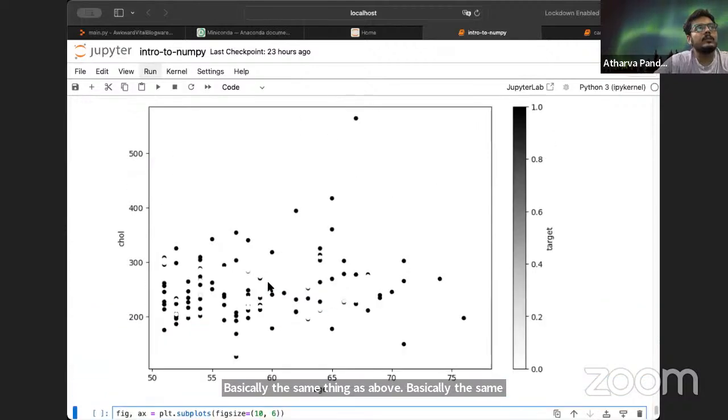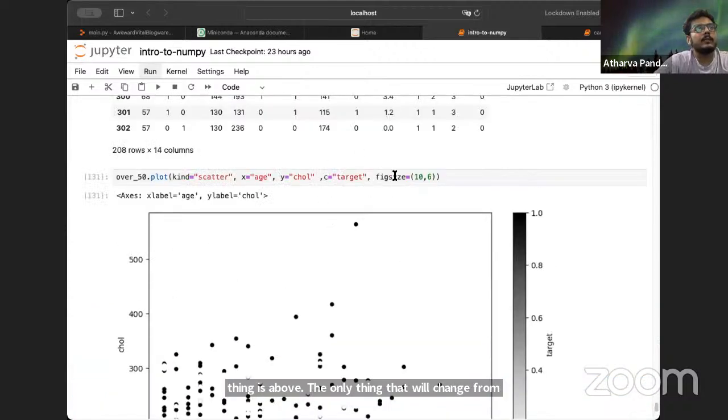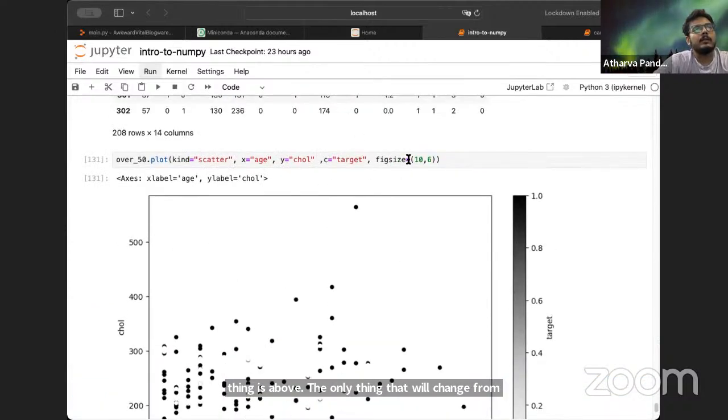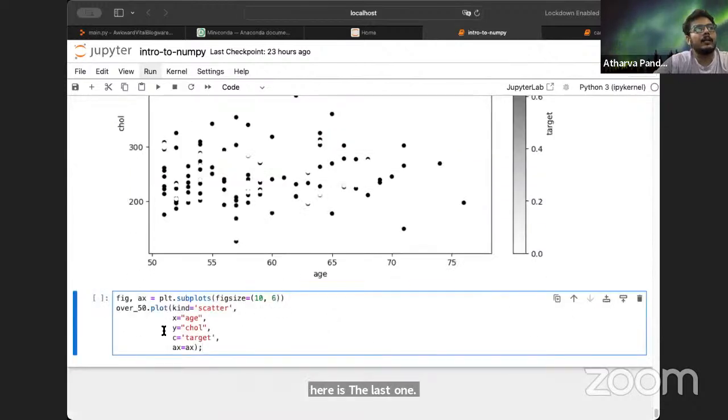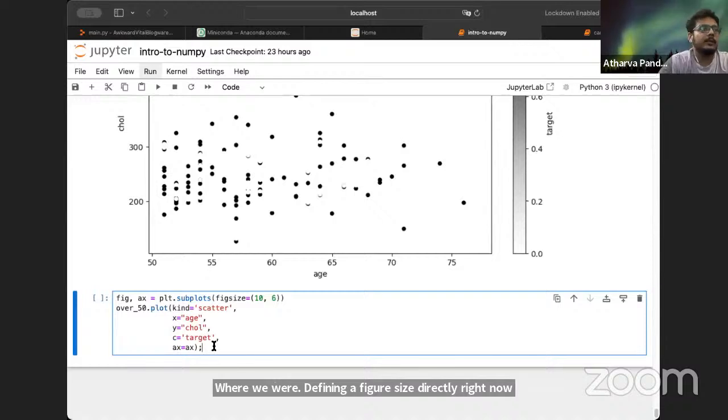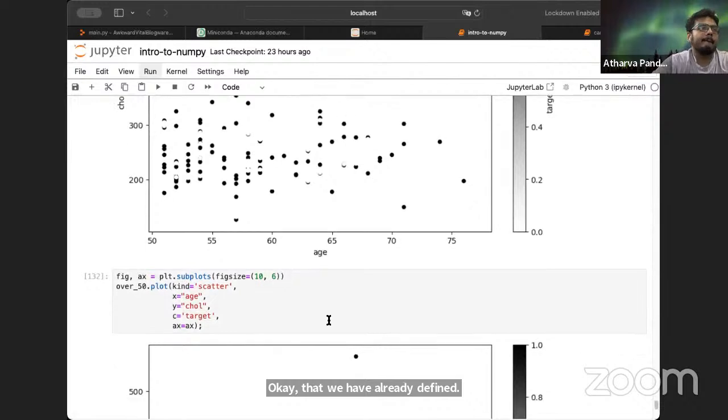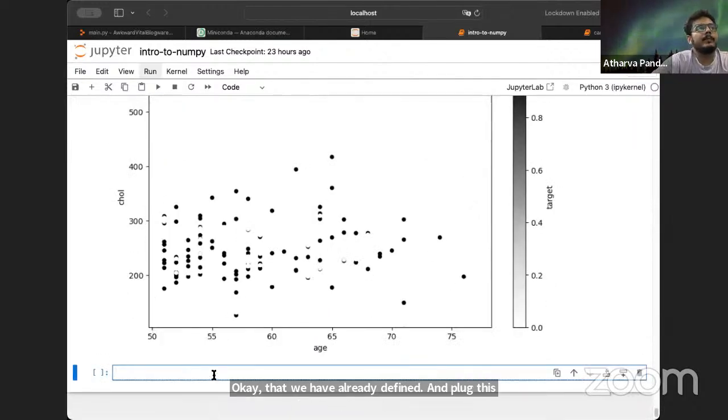The only thing that will change from here is the last one where we were defining a figure size directly. Right now, we are just saying use these X's that we have already defined and plot this. We get the same thing.